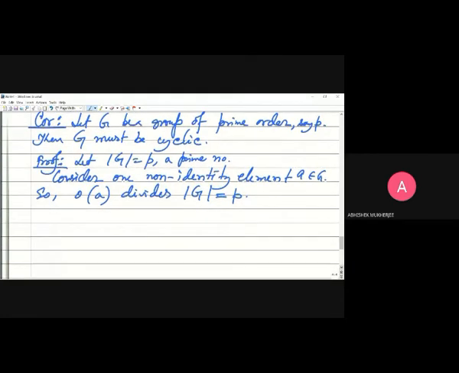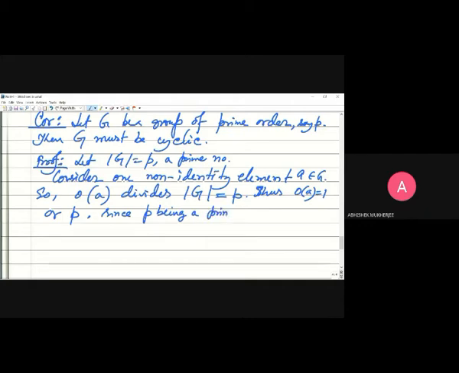So whenever a positive integer divides a prime, using the definition of a prime, order of a is either 1 or p, since p is a prime.